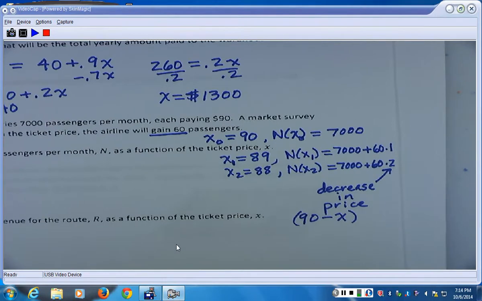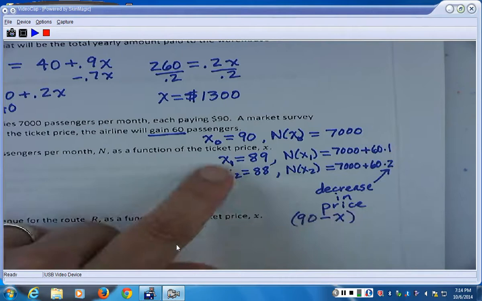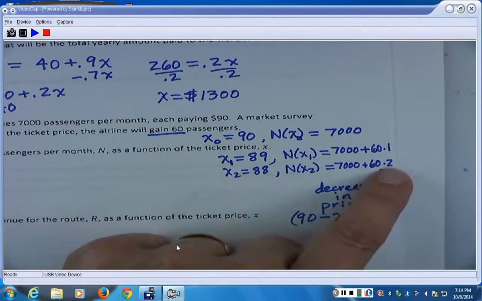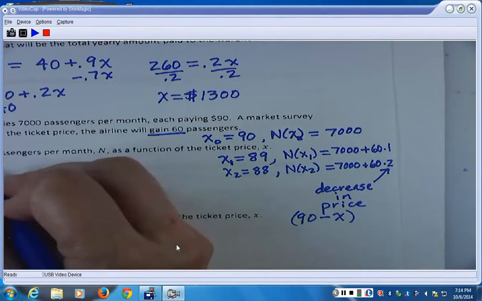So X is the ticket price, and we're starting out with a ticket price of $90. So 90 minus X. If we take 90 minus 89, we get the 1. 90 minus 88, we get 2. And that's how we're going to figure out our general function.